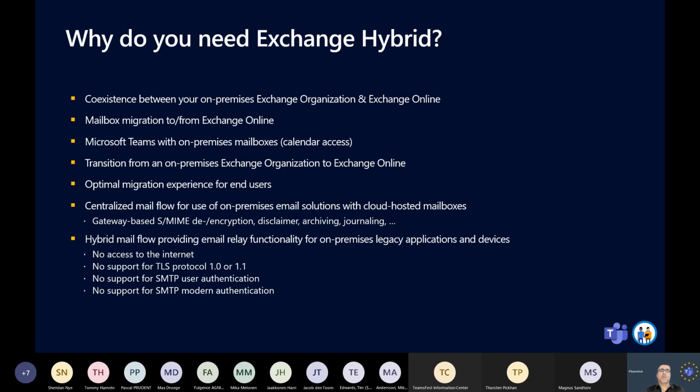So why not use your very last Exchange server just for that? It's not about the protocols only, because it can even support applications and devices that need to send emails but do not support SMTP user authentication or the upcoming, or now available, SMTP OAuth modern authentication approach. So just to buy your time to run and operate your legacy applications even longer.